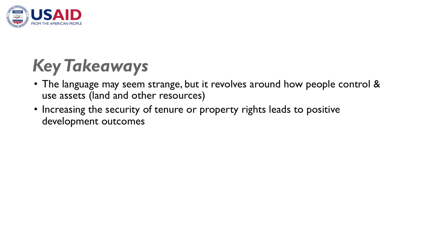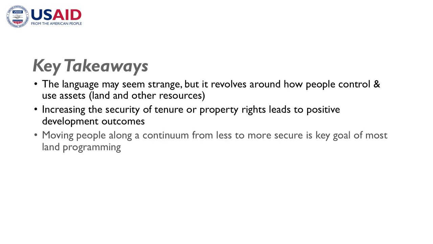So what we can often do through our development programming is move people from a situation where they are less secure to a situation where they're more secure, using the tools I've talked about, whether that's a certificate of use or whether that's a title document.